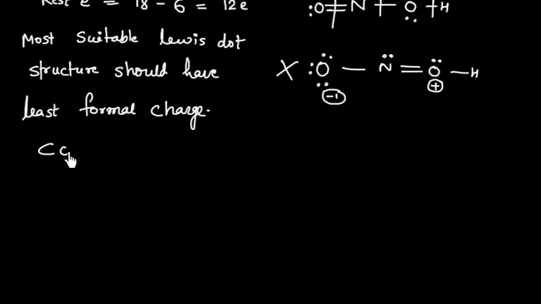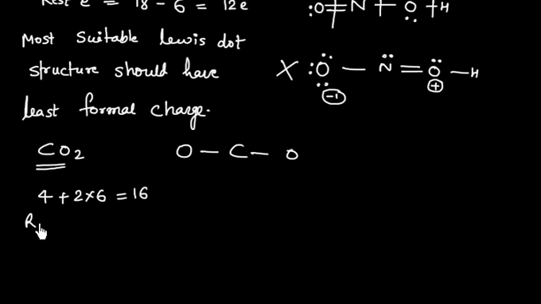Now the molecule CO2, one can easily do this one. This is the skeleton. Carbon has 4, oxygen 2 into 6 is 12, so 12 plus 4 is 16. We have used 4, so the rest, 16 minus 4, is 12 electrons. We put 6 here and 6 on this oxygen.